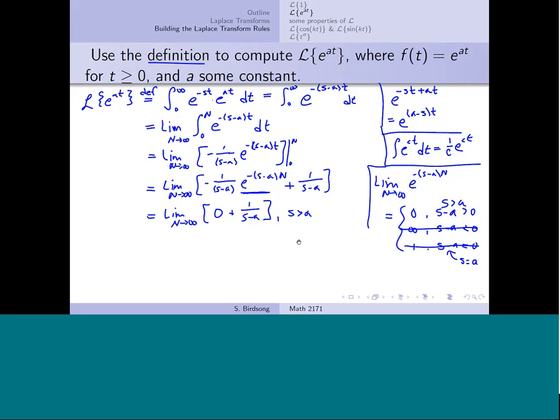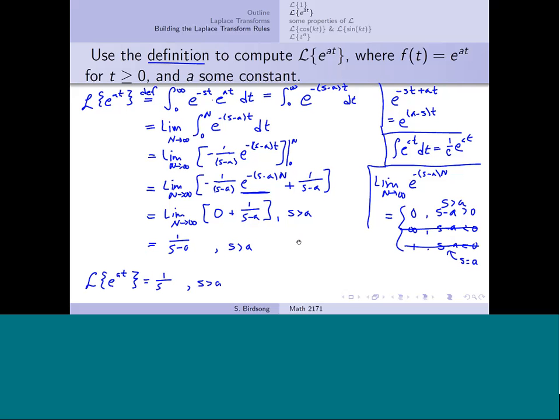And what should that limit actually equal now? Anybody got a guess of what that limit, or specifically what the Laplace transform of e to the at is going to end up equaling? Ooh, it's not 1 over s, but you're close. Yep, it'd be 1 over s minus a.